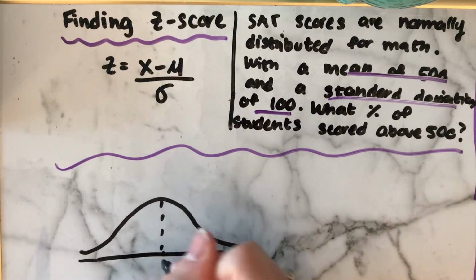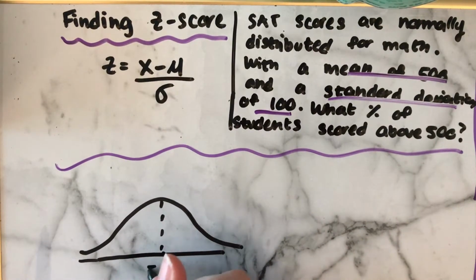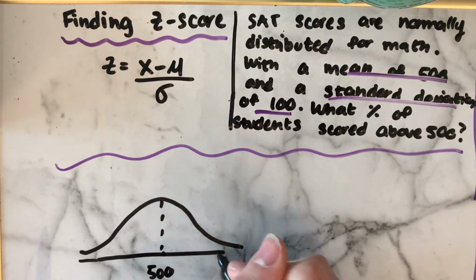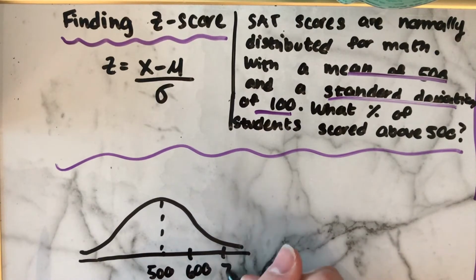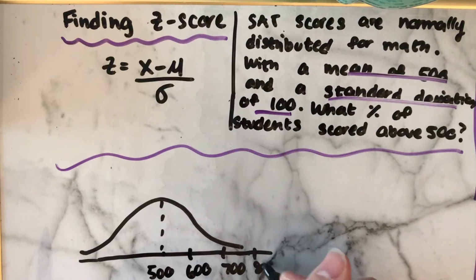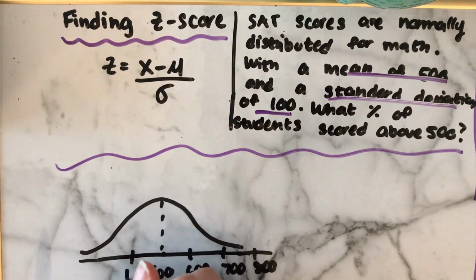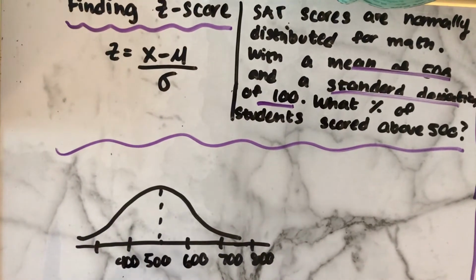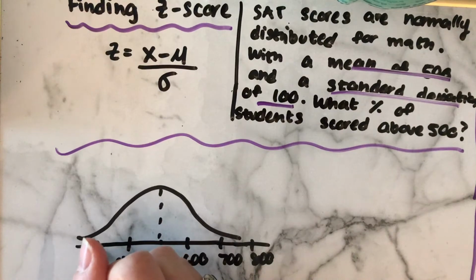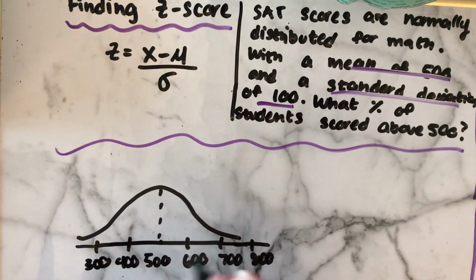So just make a nice line down the middle and mark our mean, and now go up 100 and then down 100. Remember, our standard deviation represents our unit of measurement for the data. So our unit for the data here is 100. See, we're going up 100 this way and down 100 this way.